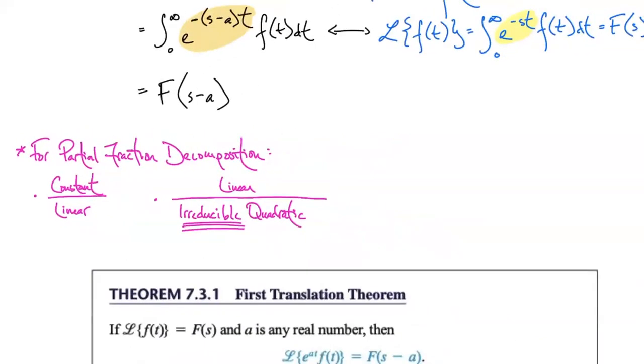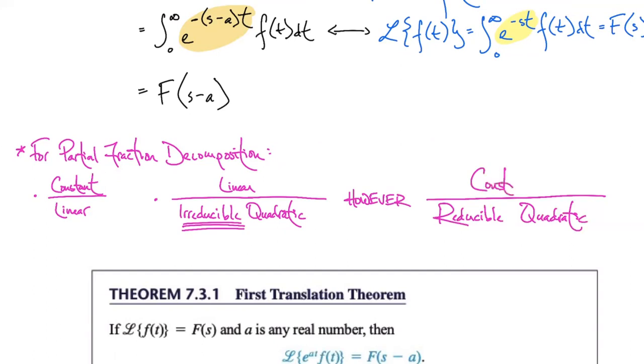However, if we replace this irreducible with a reducible quadratic, reducible quadratic means that you actually have linear factors down there. So if you have linear factors down there, you'll need a constant at the top, okay?